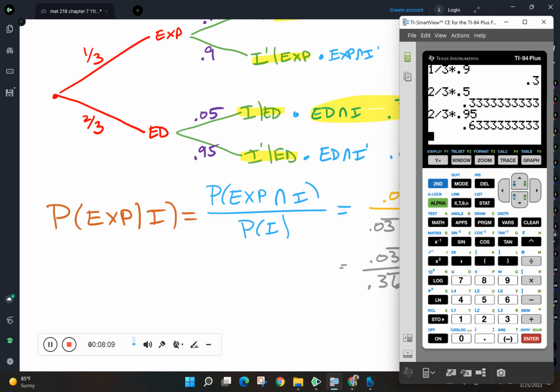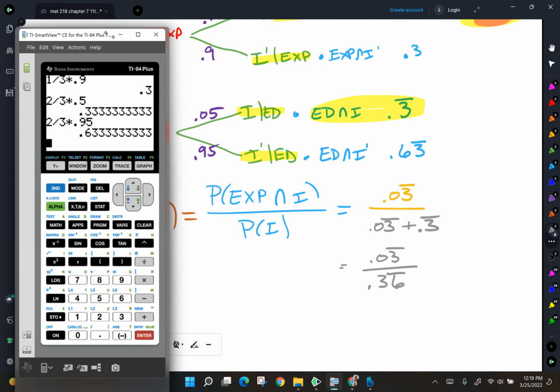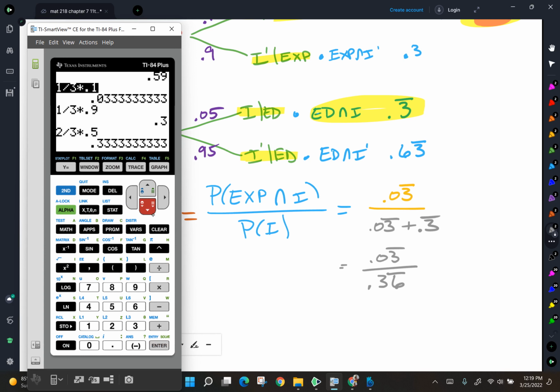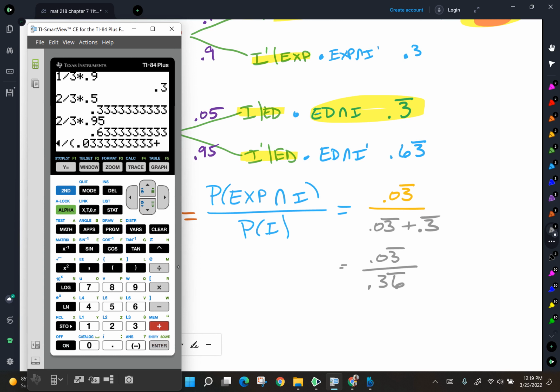So I'm going to grab my calculator. And I'm going to say, where's the 0.03? That was that one, right? So that's that. So let me grab that. And I'm going to divide that by the quantity. And I'm going to go back and grab that number again because I'm lazy. Plus the 0.3 repeating, that one.